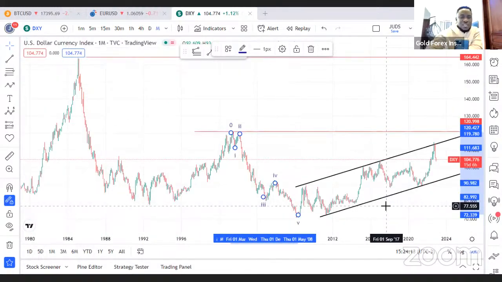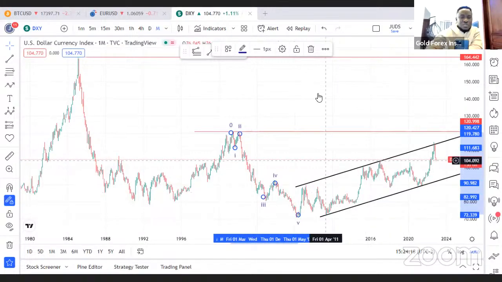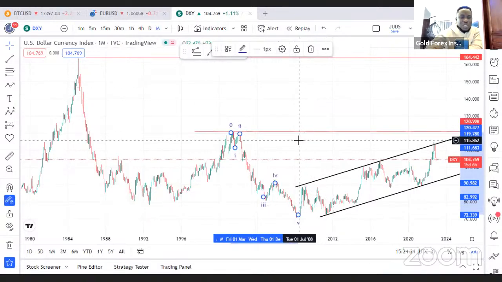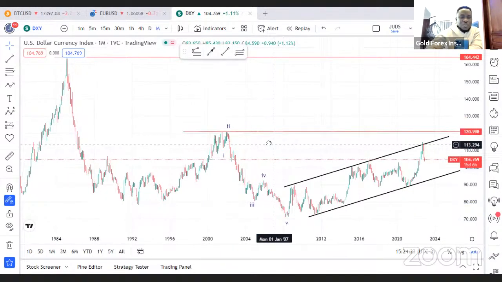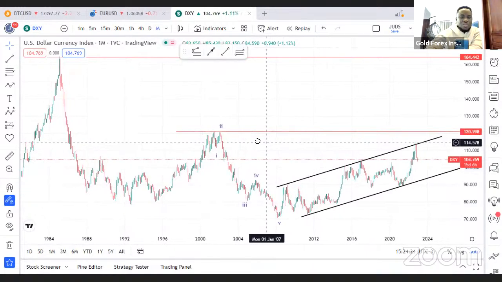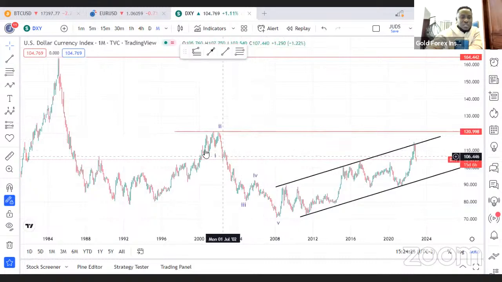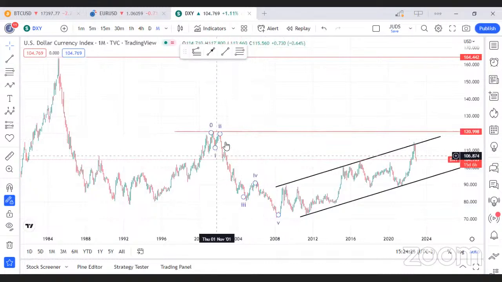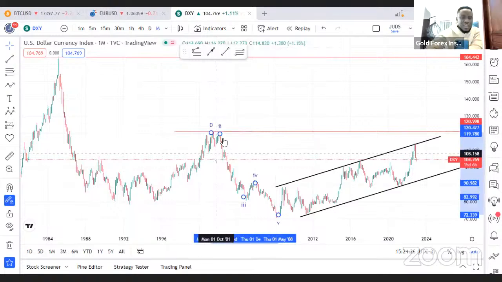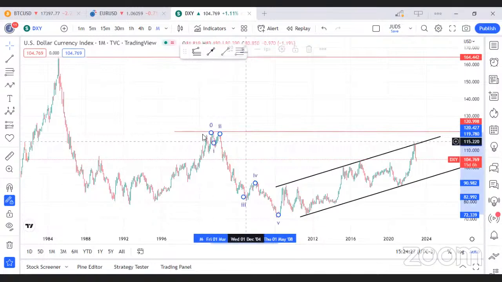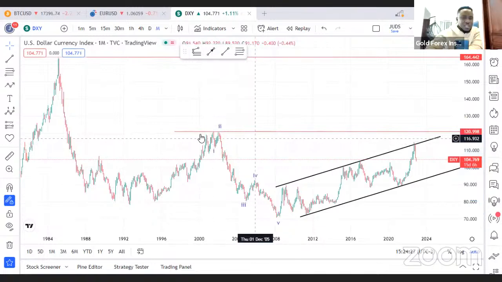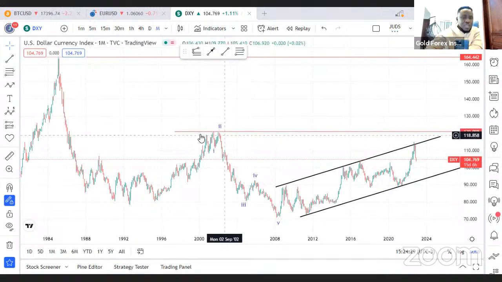Once the structure was broken to where you have the 0 and the 2, because the previous impulse leg was forming an ending diagonal, then it broke to where the 2 is. Check your left, the impulse on the left.